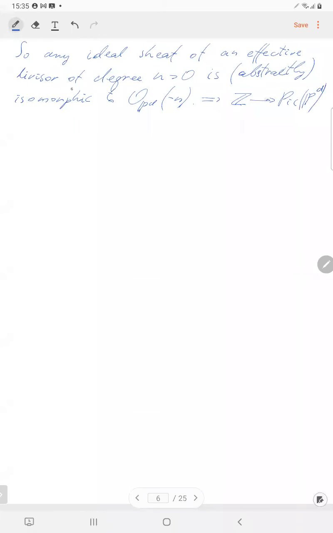So everything is defined just by its degree. And now we only have to prove that there is no kernel.